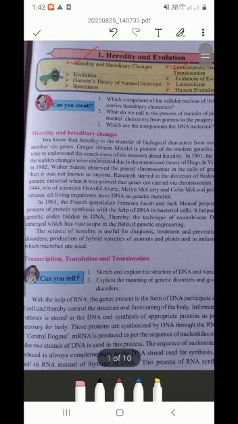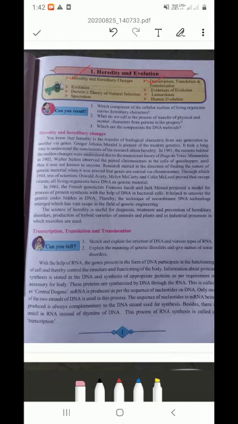See, heredity and hereditary changes. First of all, what is meant by the word heredity? If you read the first two lines, you will get what heredity means.